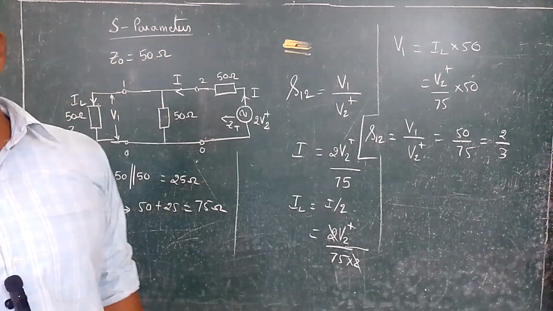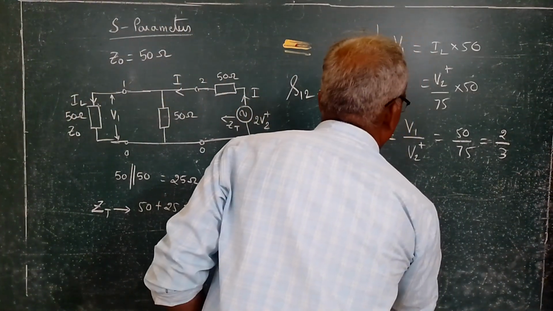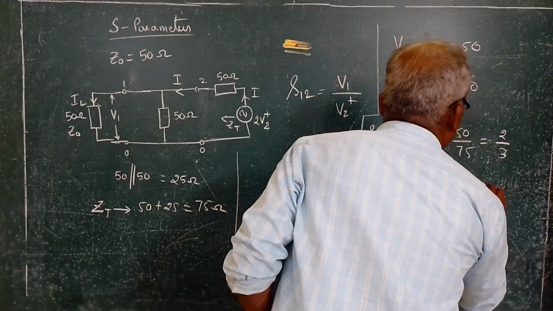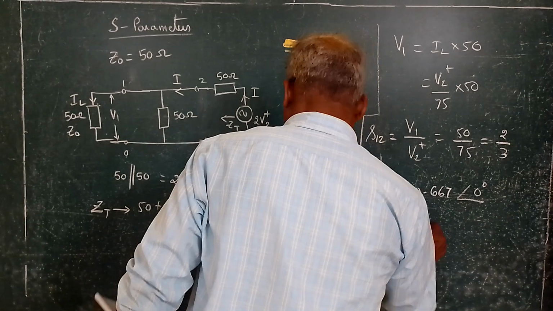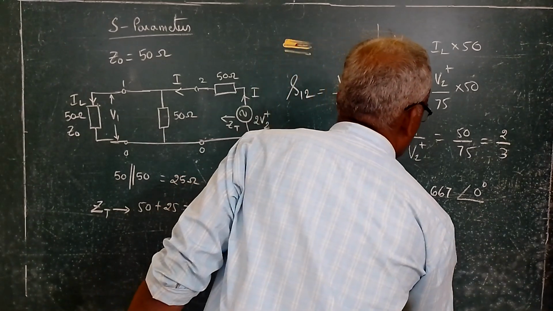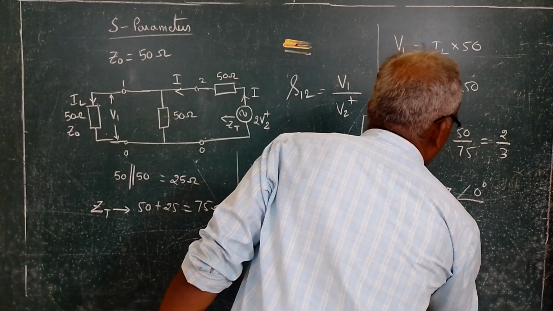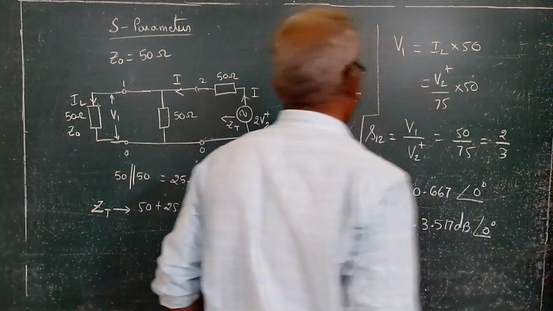So just now we found out the value, 2 by 3, which is 0.667, angle is 0 degree. If you convert this into decibels, you will be getting minus 3.517 dB, angle will be 0 degree.